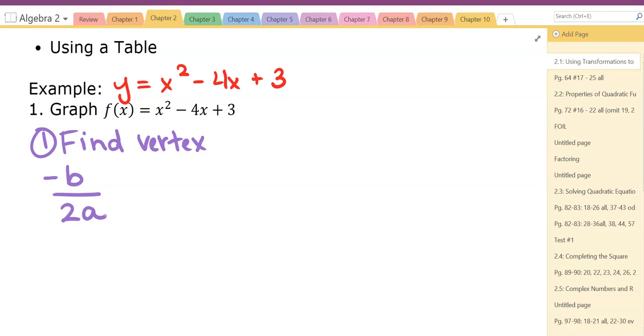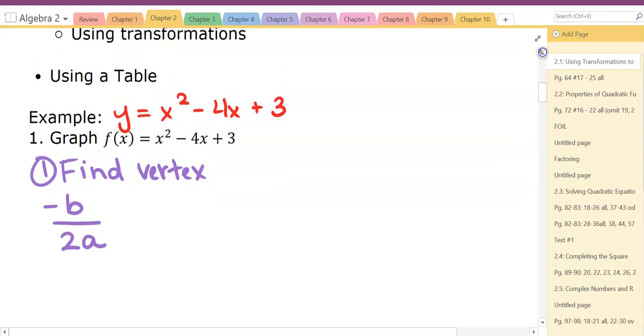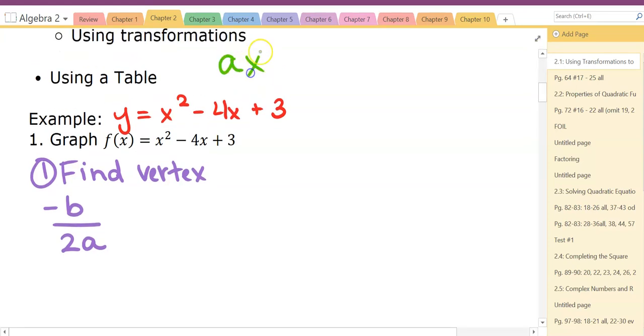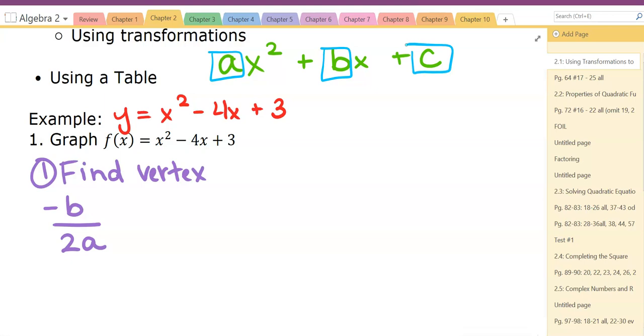When you come back up here and look at that equation, x squared minus 4x plus 3, quadratic equations are always written like this: ax squared plus bx plus c. A, b, and c are just numbers sitting in that equation: a number in front of x squared, a number in front of x, and a number attached at the end.